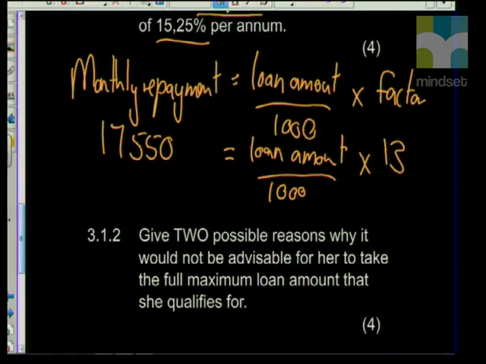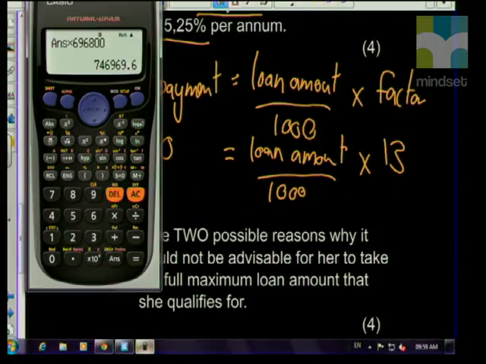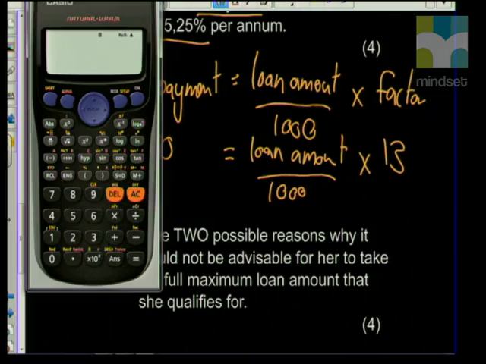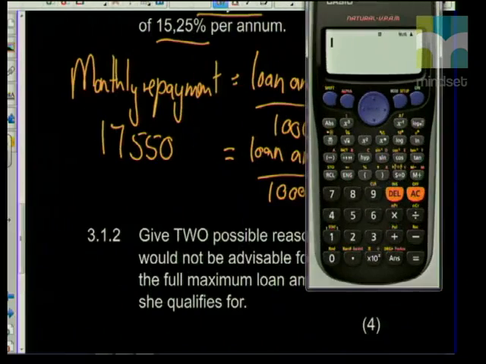So let's just do it on the calculator. And we're going to say, let's take the amount that we got, which was 17,550. We're going to divide by 13. And then we're going to multiply by 1,000. And that will give us the amount that she can afford.